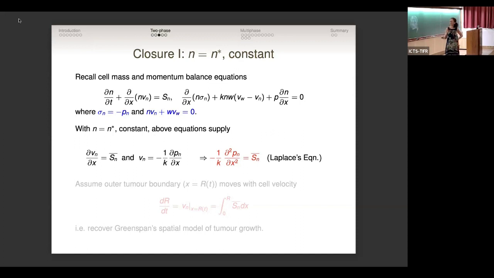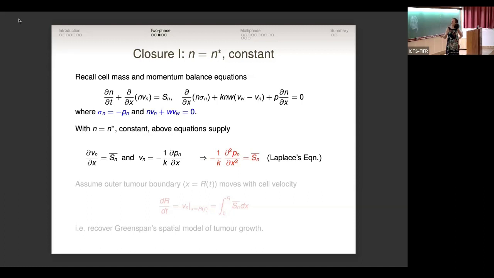Which I've called Sn bar down here. So n equals n star in here, I get this equation. So this tells me if I assume that the cells are incompressible, this is how my velocity goes, right? So local changes in velocity are driven by the net growth rate. So Sn, if you remember, is a function of C. I just haven't written that down yet.